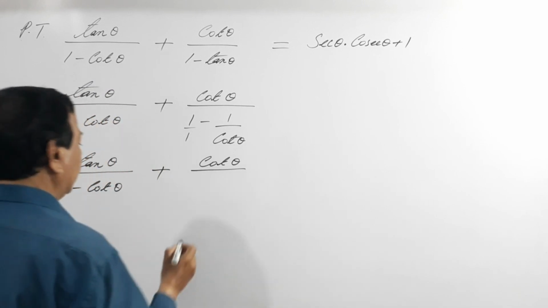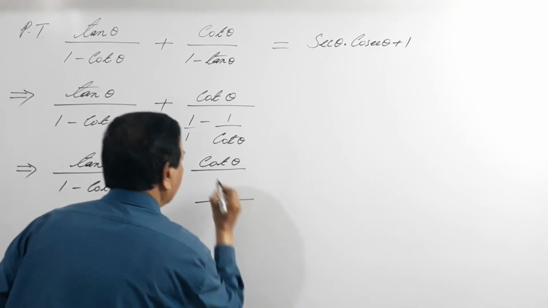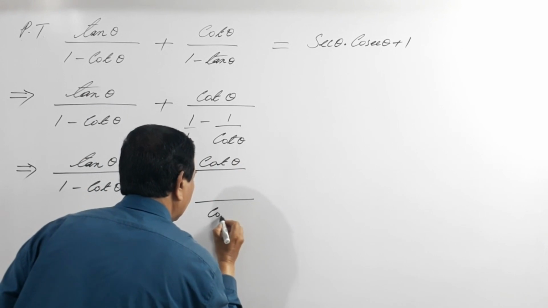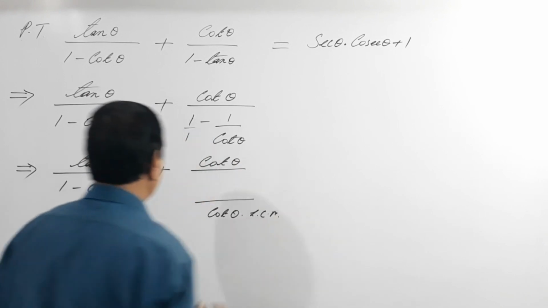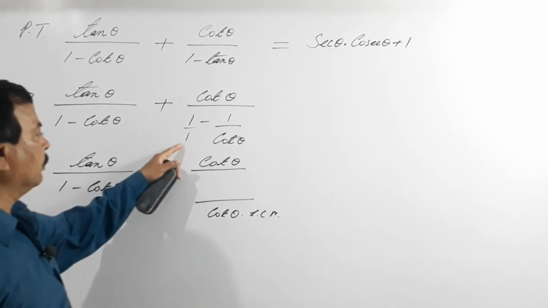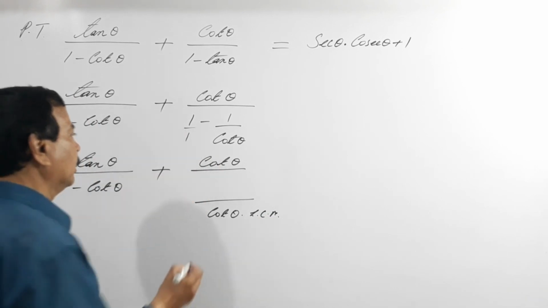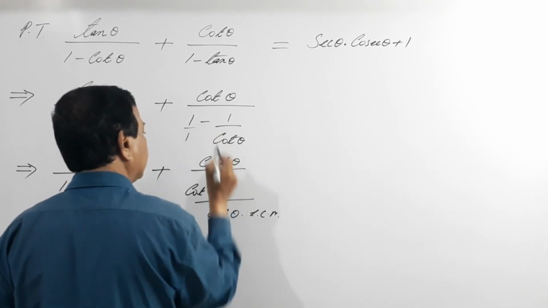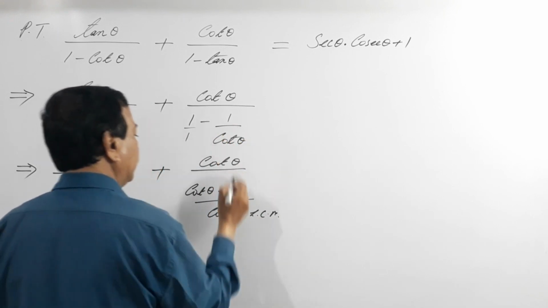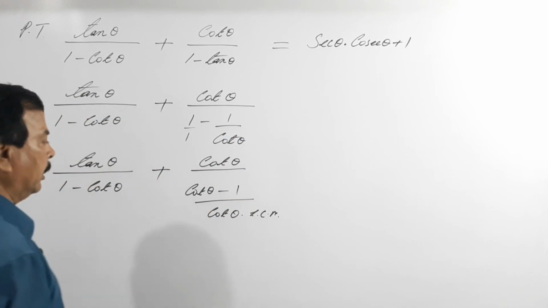So I'll take cot theta as the LCM. What happens? 1 goes there, cot times cot into 1 is cot theta, minus cot goes 1 time, 1 into 1 is 1. Done?